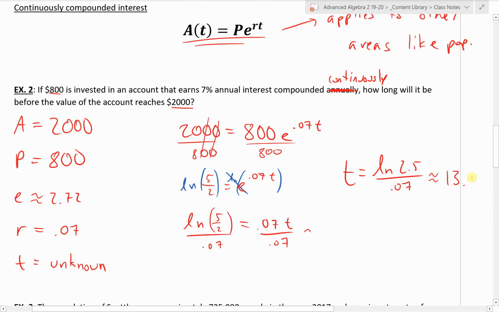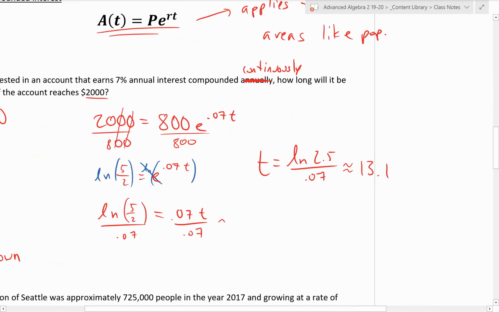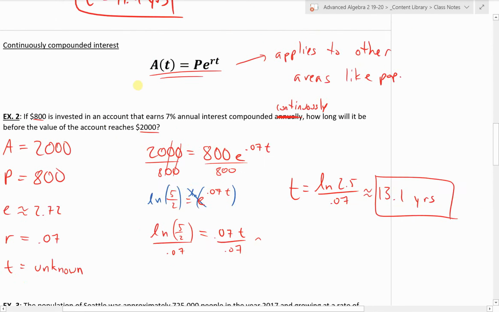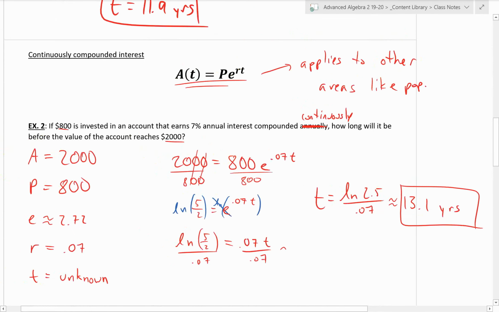So how about just 13.1? It's going to take just over 13 years for our account to grow from $800 to $2,000. And we can compute any number of continuously compounded interest accounts like that. So it works for any financial account if we have continuously compounded interest.